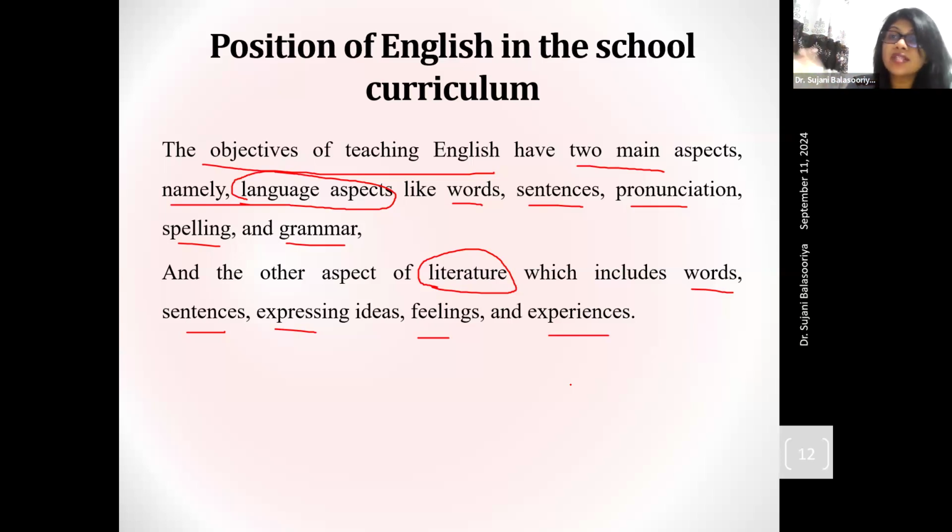Or else the teacher can ask the students to write a paragraph in narrative form on what they did during the vacation. So that is directly related to the student. So what is happening in the second part of the work? The student is using English to express themselves. Okay, so these are the two aspects in relation to the objectives of teaching English.